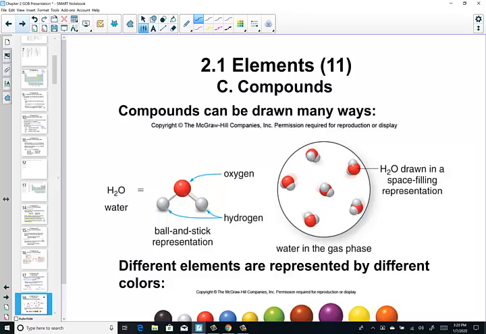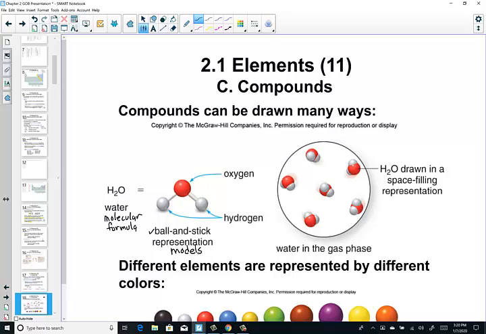The way that we draw compounds, we'll see several different ways. This year, when I see just plain old water, we're getting a molecular formula, telling us how many of each atom we have, 2 H's and an O. A ball and stick representation uses molecular models, kind of like Tinker Toys, if you will.